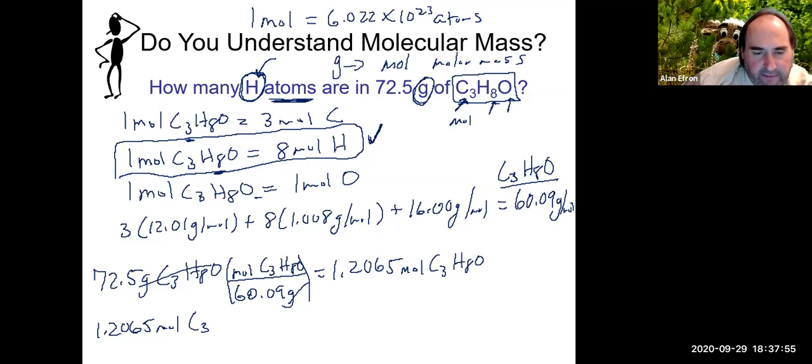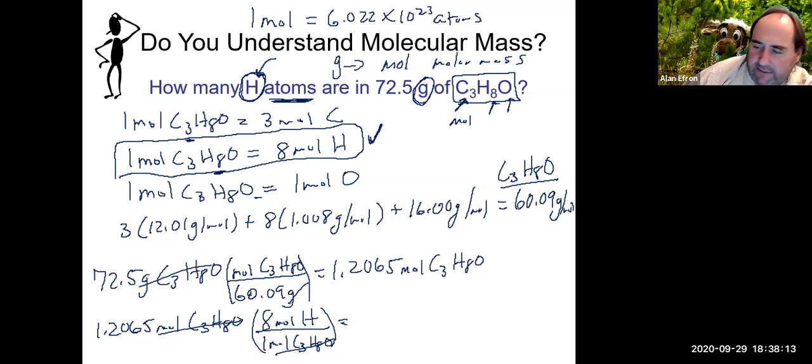And again, from the actual formula, we could use it: 1 mole of the entire thing gives us 8 moles of just hydrogen. So that is how we're going to go from the entire thing to just hydrogen. So we'll take that and times it by 8. Gets us something like 9.65219. I'll take it to a few digits. Moles of hydrogen. Any questions on that so far?